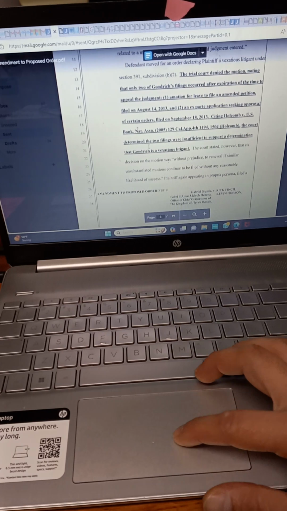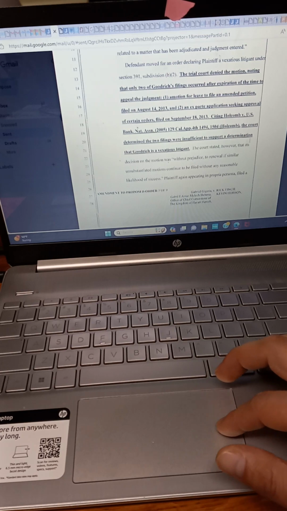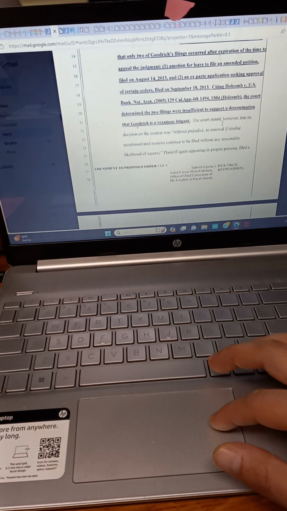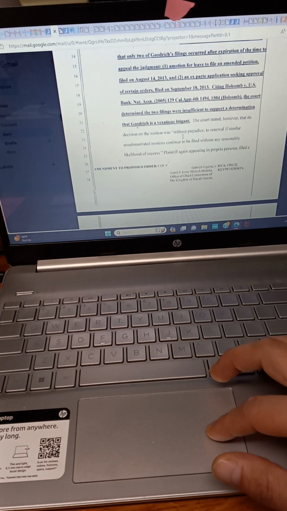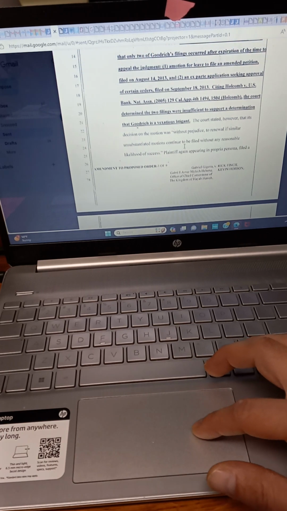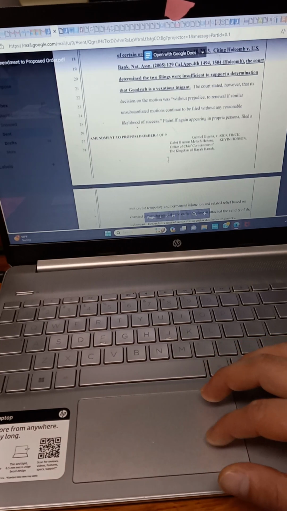And the court determined the 2 filings were insufficient to support a determination that Goodrich is a vexatious litigant. The court stated, however, that its decision on the motion was without prejudice to renew if similar unsustained motions continue to be filed without any reasonable likelihood of success.